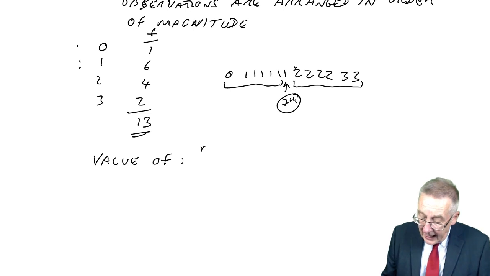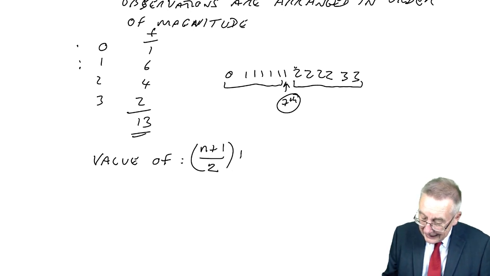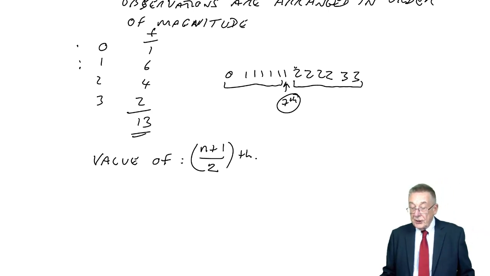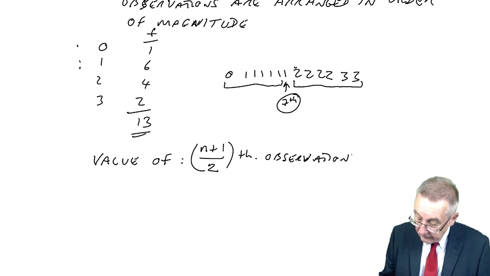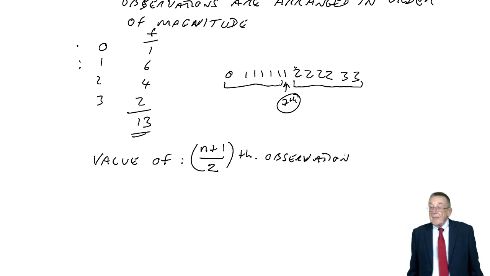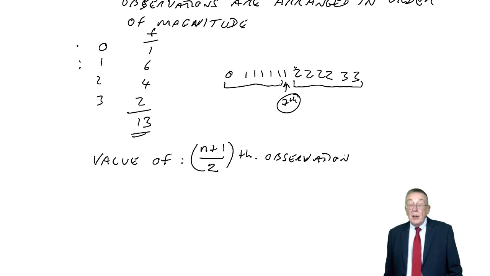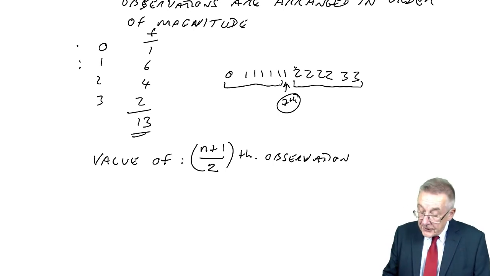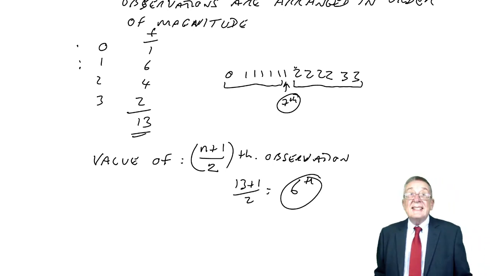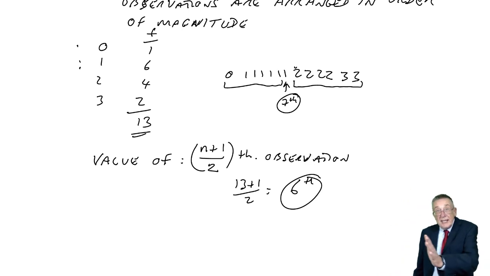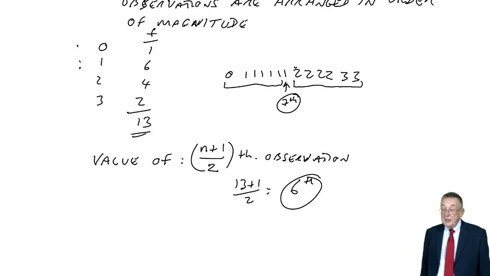We say it's the n plus 1 over 2th observation. So here there are 13 observations, so 13 plus 1 over 2, we want the value of the 7th one if they were all listed in order of magnitude.